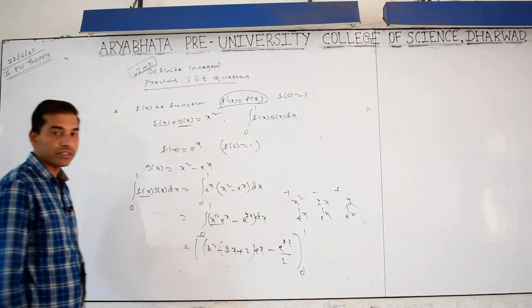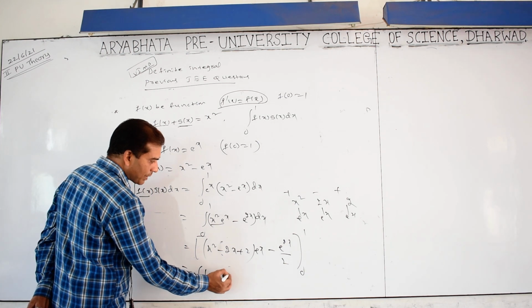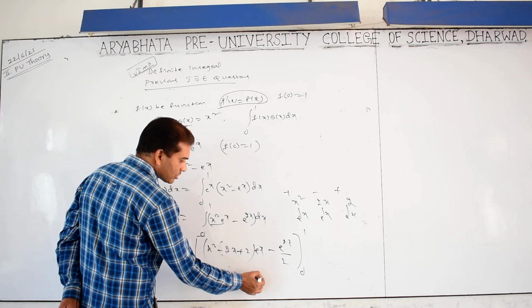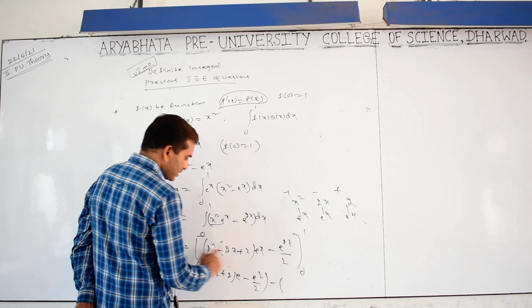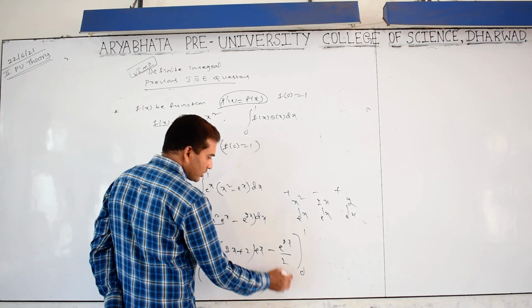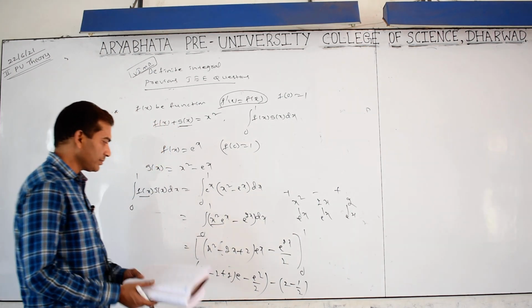Apply upper limit minus lower limit. Upper limit: 1 minus 2 plus 2, e power 1 is e, minus e square by 2. Lower limit is 0, here 2 e power 0 is 2, minus e power 0 is 1 by 2. Simplify, that is the answer.